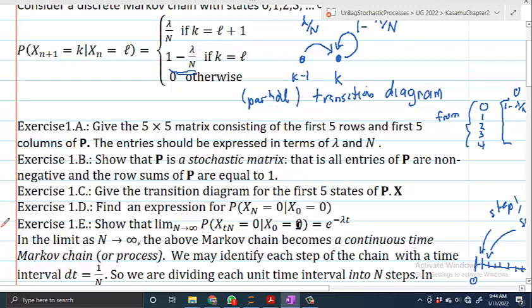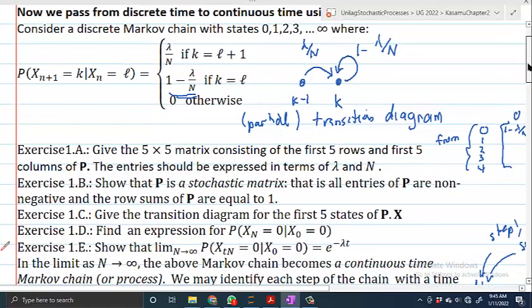This was a mistake. I want probability of xtn equals 0 given x0 equals 0. In fact, these two values are the same, but it's easier to put the 0 here because you have the 0 from problem 1D. So with this exercise as written here, you can use your result from 1D to prove 1E.